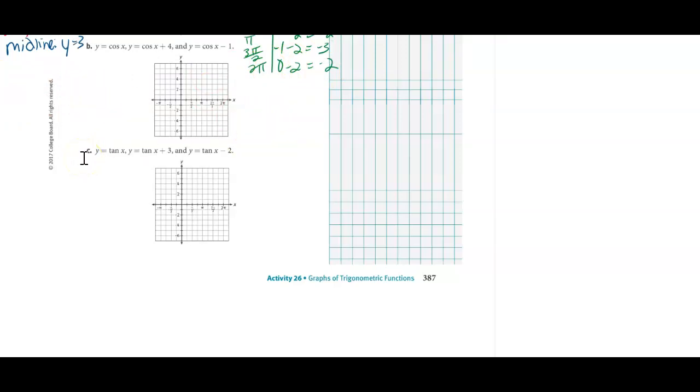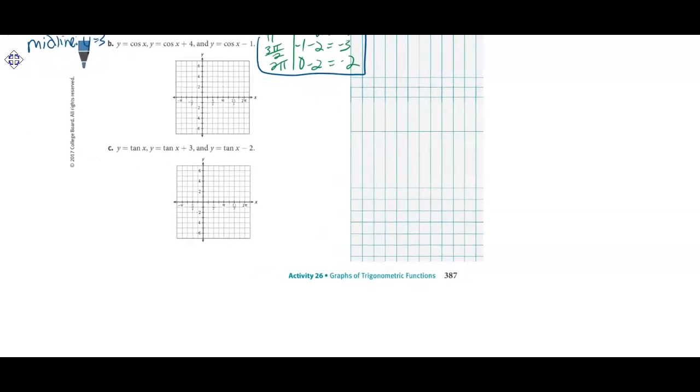Alright, sorry guys, I don't ever use OneNote other than right now making videos, so bear with me. So for cosine, what we're going to do is we're going to again work with the parent function. Alright, we've got our quadrantal angles.